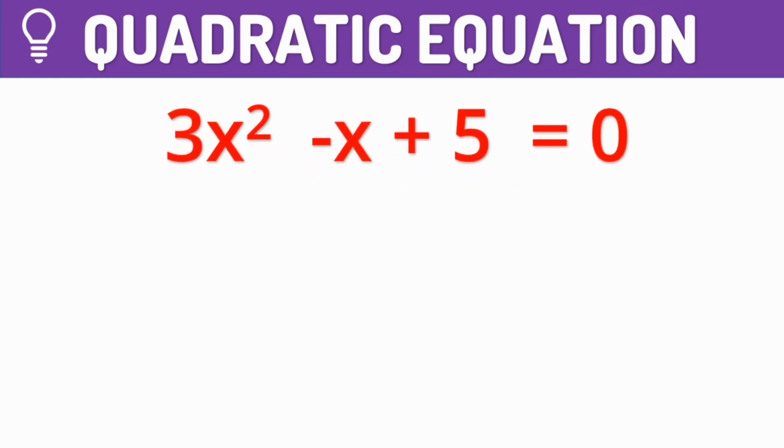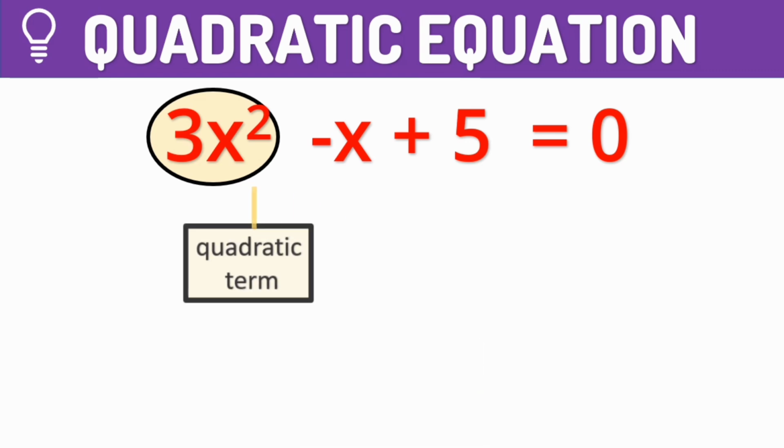We have now 3x squared minus x plus 5 equals 0. What will be our quadratic, linear, and constant term? The quadratic term has the x squared or the 2 exponent. Here we have 3x squared.